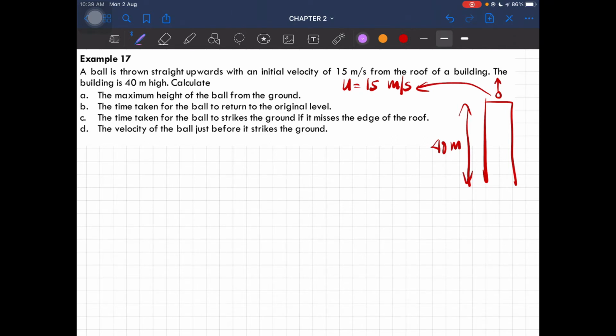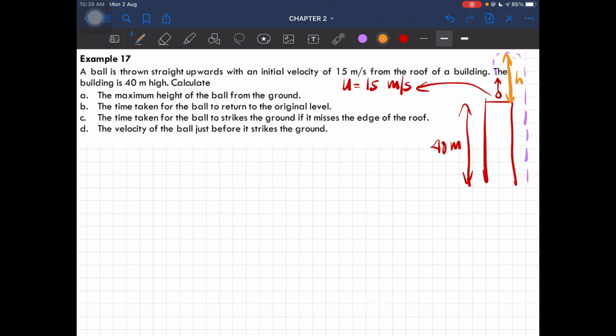So if a ball is being thrown like this, we know that it will fall back to the ground as well. So this part here is our small h, and this one is big H. Big H is the building's height.